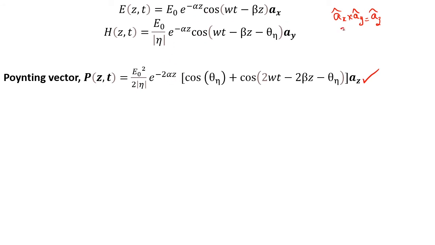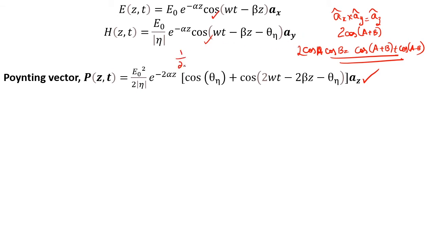That you are writing as 2 cos A cos B, which is given by cos A plus B plus cos A minus B. You know this equation: 2 cos A cos B is equal to cos A plus B plus cos A minus B. So cos A cos B is equivalent to half into cos A plus B plus cos A minus B. That is applied here.